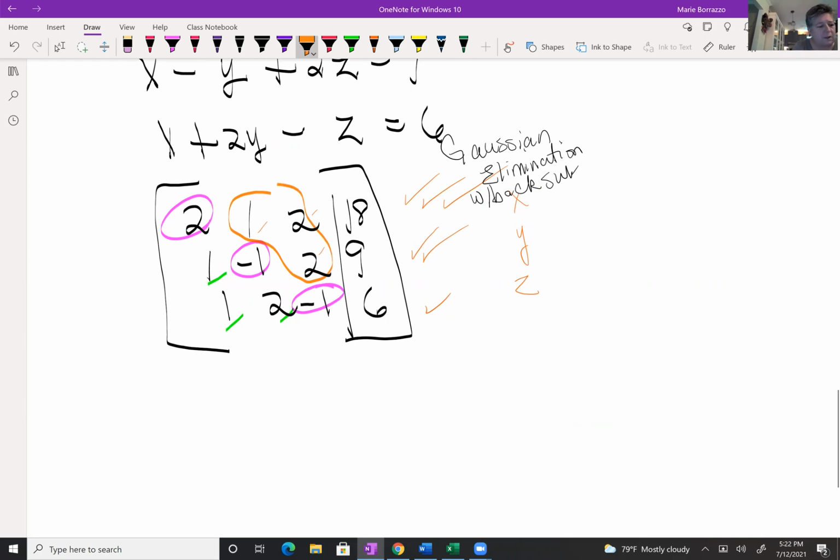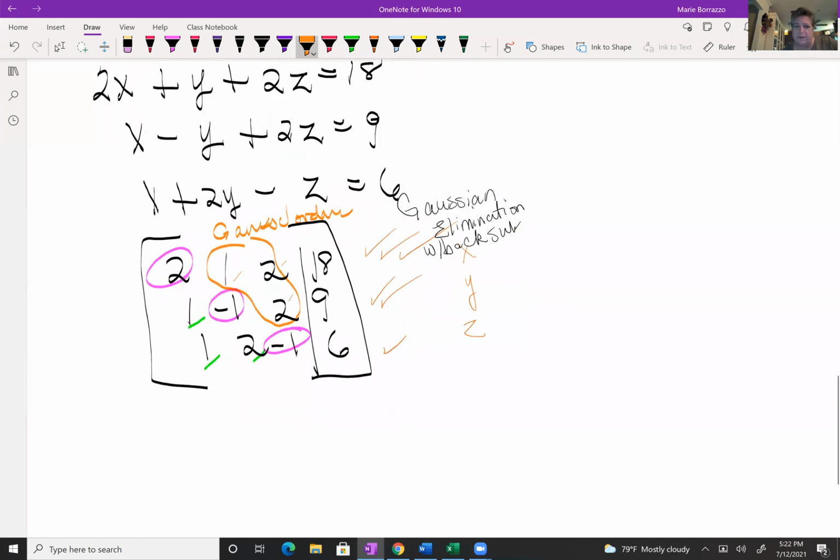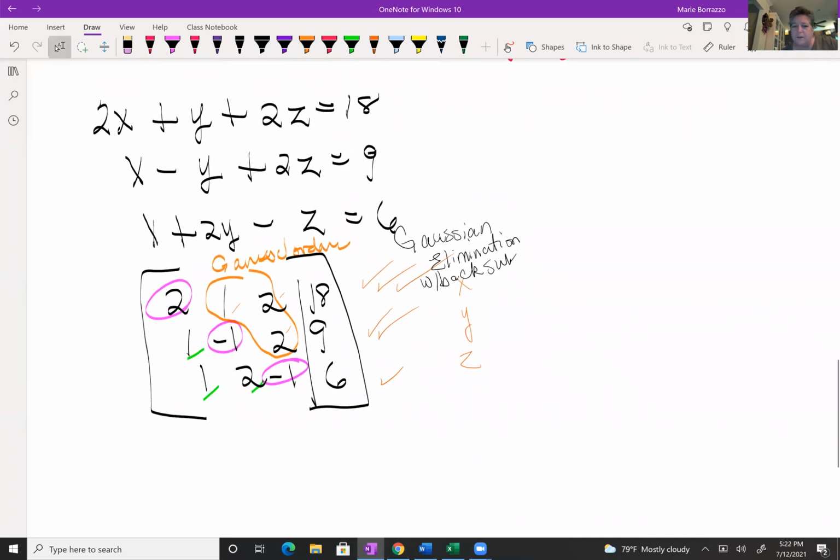Now we're doing Gauss-Jordan. This is called Gauss-Jordan, which we're going to do next. I'm actually going to use this example to keep moving forward. All right, so I'll give you a few more minutes to give you a chance to get the answers.